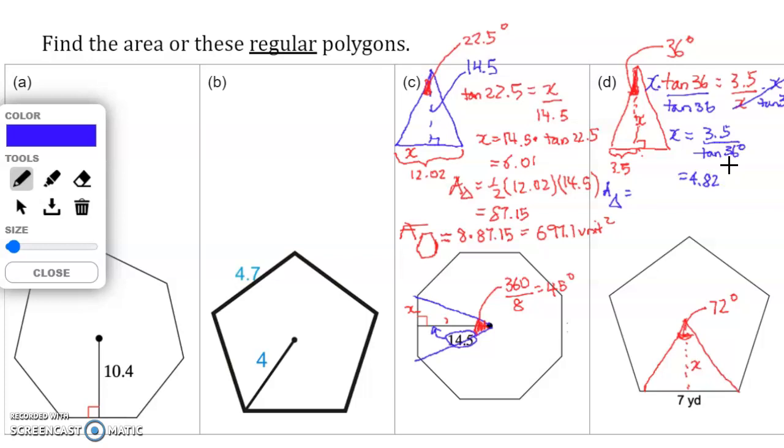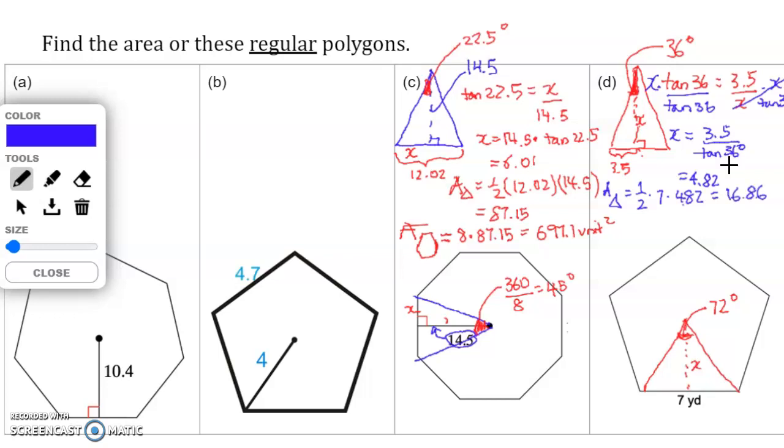Now that we have this bottom side, we can figure out the area of the triangle, which is half times base times height. So it's going to be half times base 7 times 4.82, and that leaves me with 16.86.